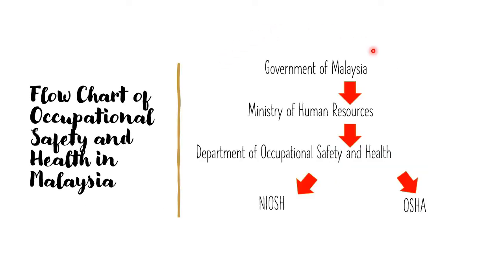Okay, this chart is just to show the relationship of departments related to occupational safety and health. For example, at the very top, we have the Government of Malaysia, or we can say the Parliament, which produces the act itself, the Occupational Safety and Health Act.